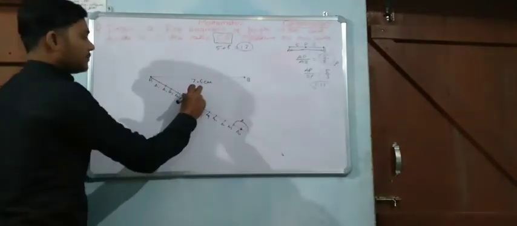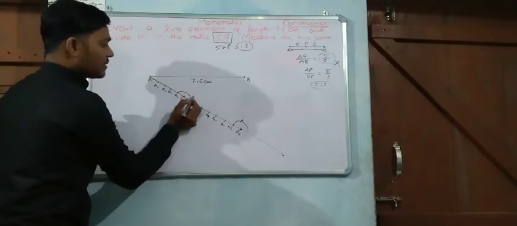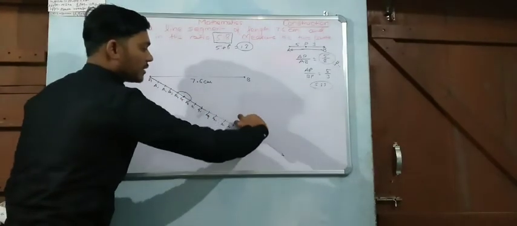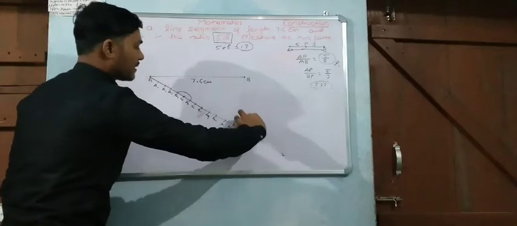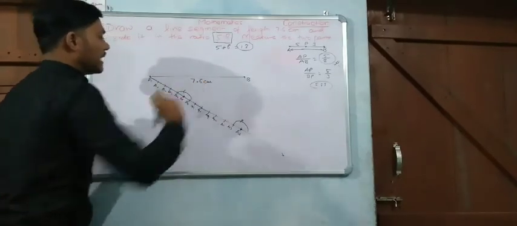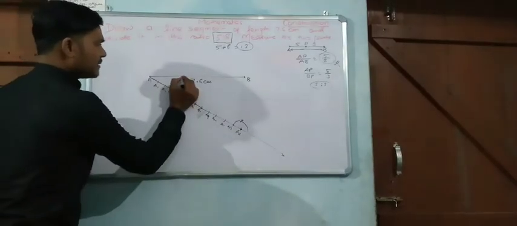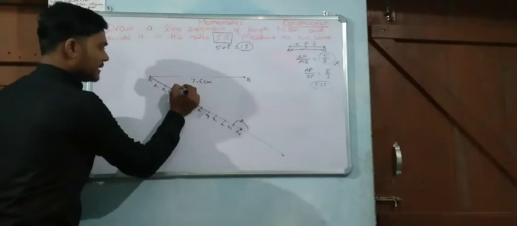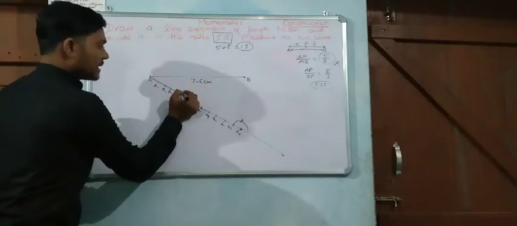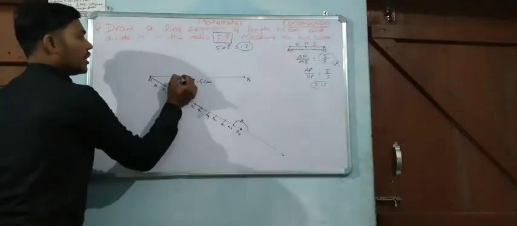Then do the same from A5, draw an arc, and whatever measurement you got by the compass, mark the same measurement as a small arc over there. Then draw a line through the intersecting point. So you get a point P.